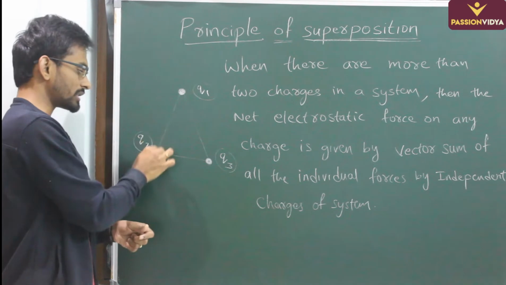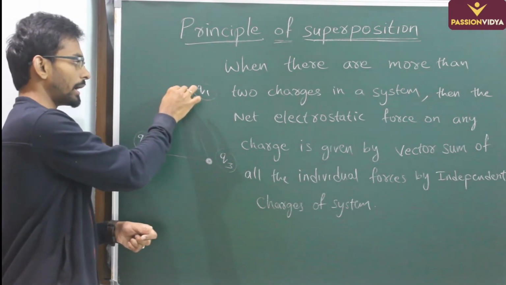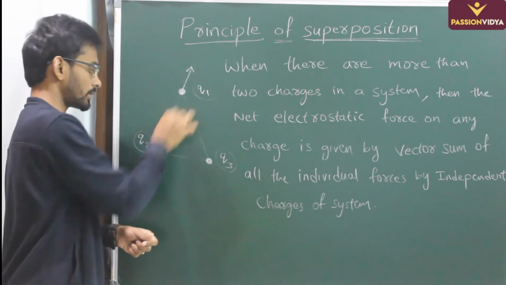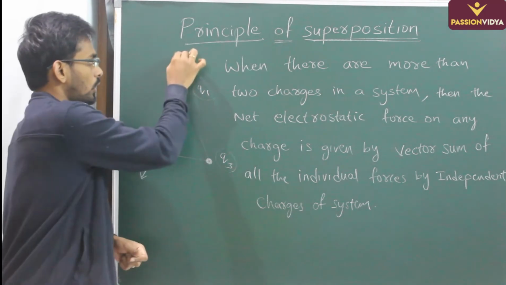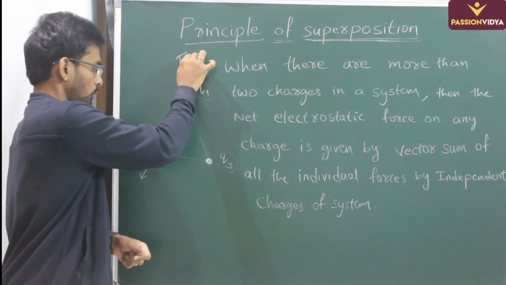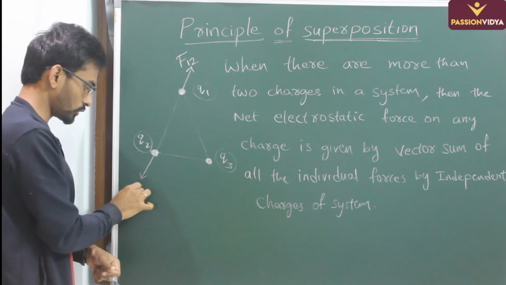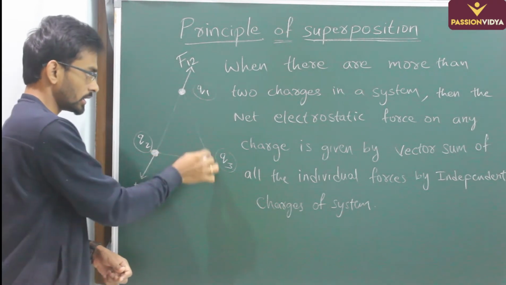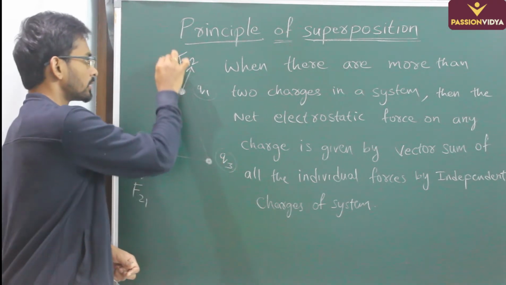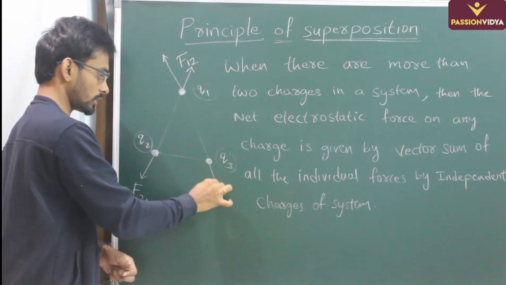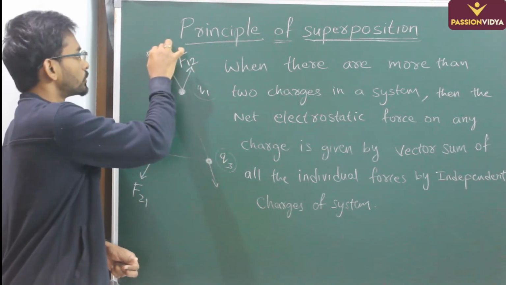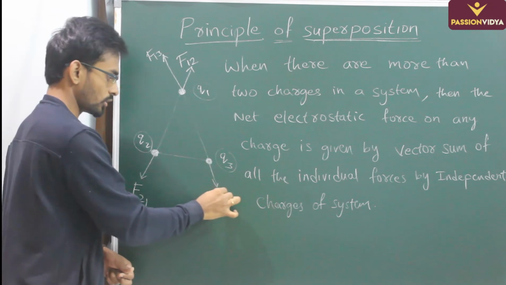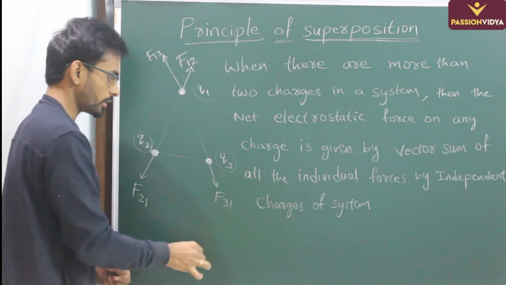Now these two charges will interact, so they will apply electrostatic force. So this is the force on 1 due to 2 and this is the force on 2 due to 1. Next, these two charges interact, so this is the force on 1 due to 3 and this is the force on 3 due to 1.